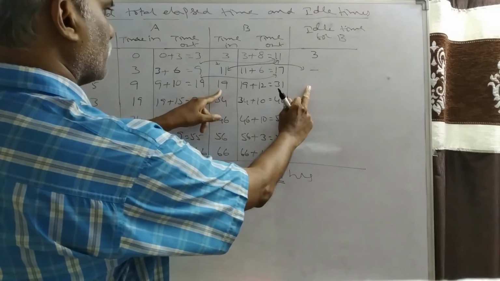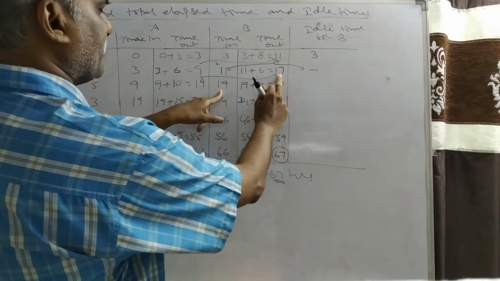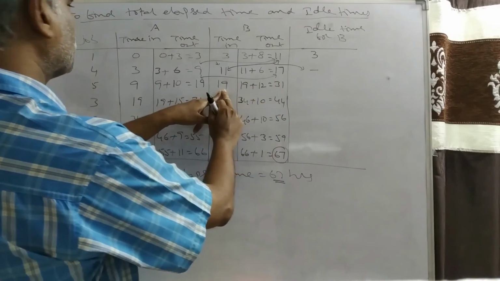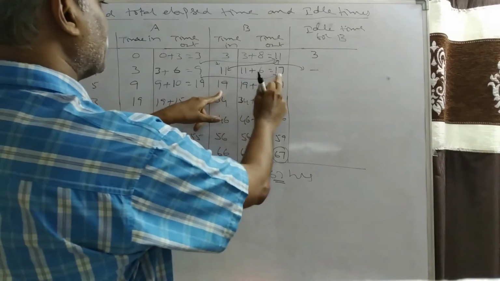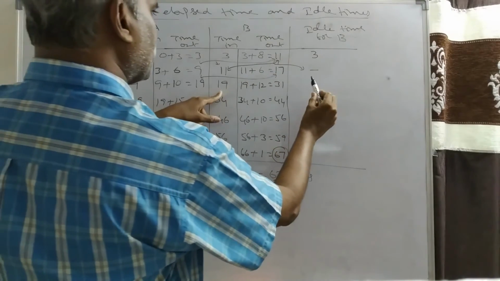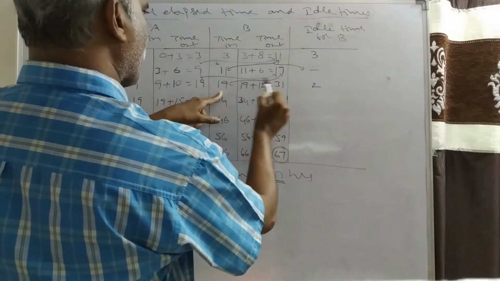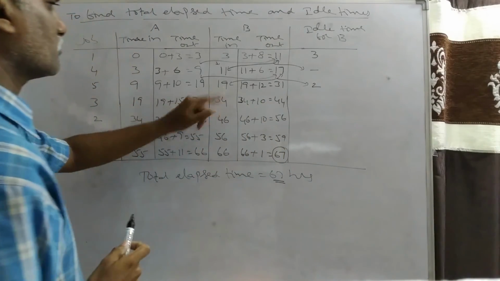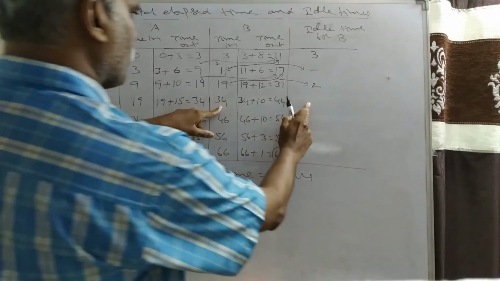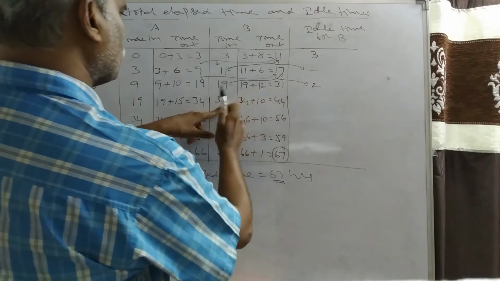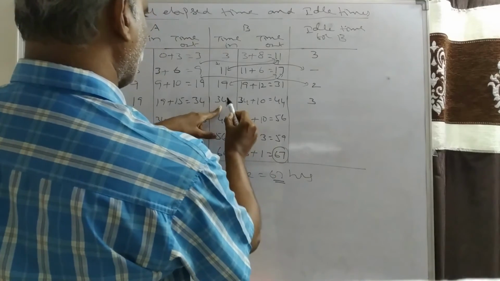Next, here previous job completion 17, present job starting 19. So here there is a difference. So idle time is 2. This is the difference of these two. Similarly here previous job completion 31, present job starting 34, difference of these two, 3.